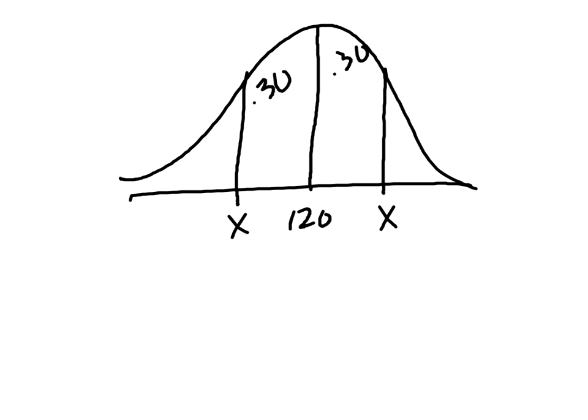We know that the z-values associated with that were 0.84 and minus 0.84. So what we want to do is find the value to the right of 120 and the value to the left. And remember that those values now represent blood pressures. They're not z-values any longer.